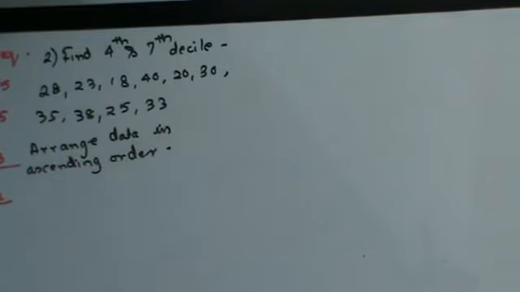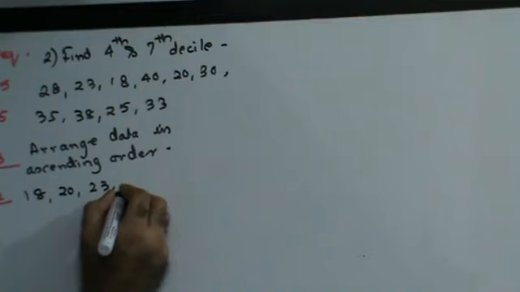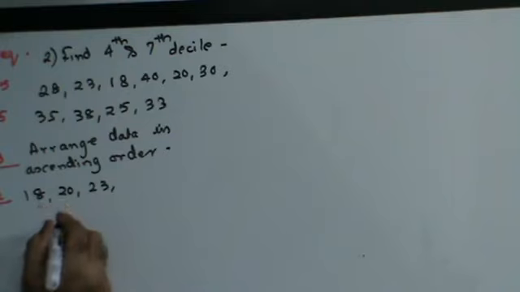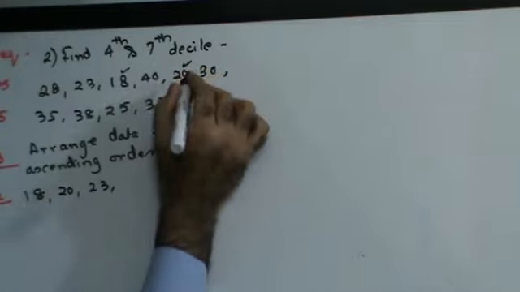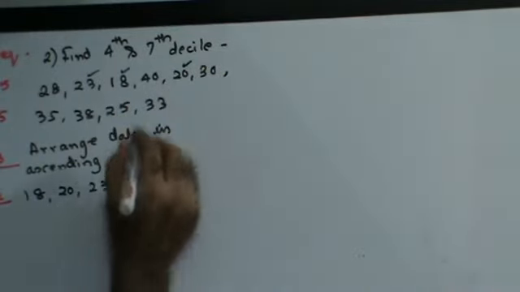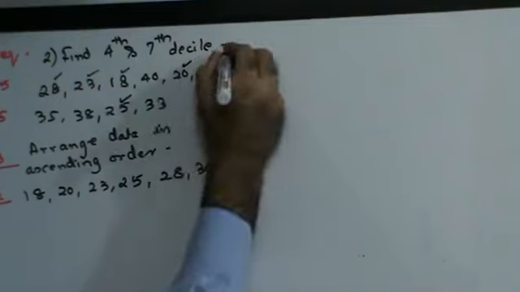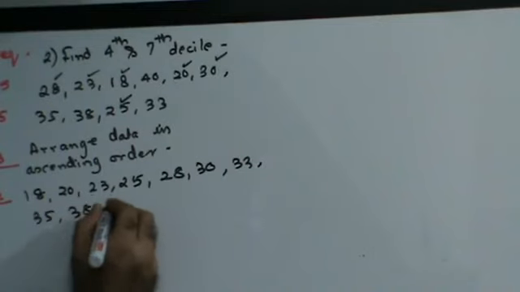If I arrange data in ascending order, I will get the data as 18, 20, 23, 25, 28, then after 28 you have 30, then you have 33, 35, 38 and 40.